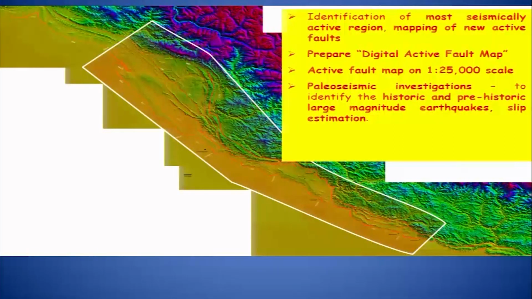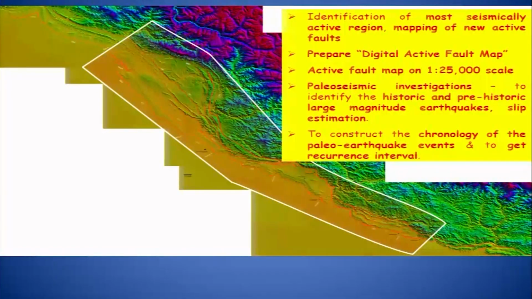The other important part is that we would like to identify the historic as well as prehistoric large magnitude earthquakes and also go for slip estimation. And finally, we would like to reconstruct the chronology of the ancient or paleo earthquake events and get the recurrence interval, so that it can help indicate when the next one will be.